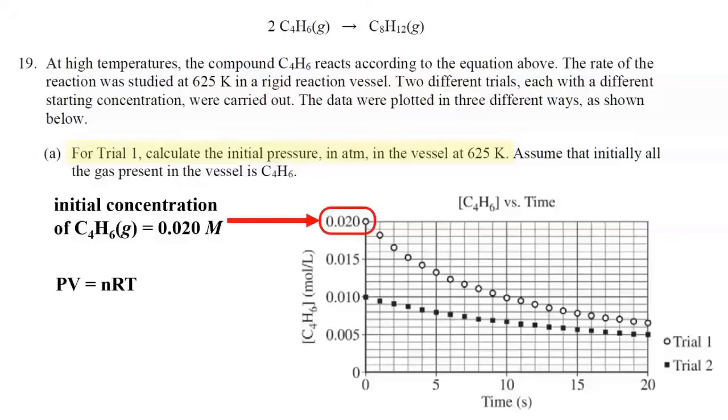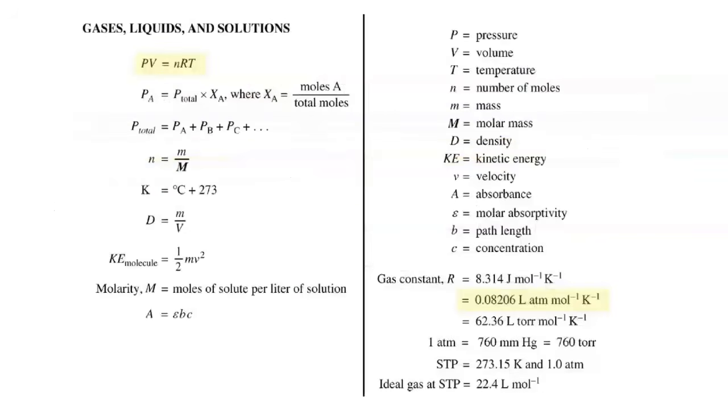If we can use the ideal gas law, PV equals nRT, we could hopefully solve for pressure if we can figure out the number of moles, the temperature, and the volume. Now, as far as which value for the ideal gas constant we're going to use, since they want the pressure in atmospheres, then that would be R, the gas constant, of 0.08206, because that value has units of atmospheres.